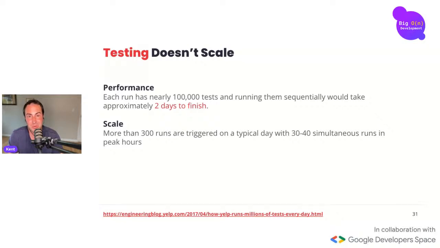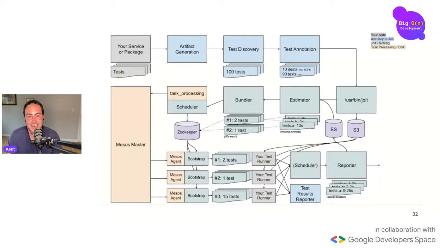So we came up with a distributed system for running those tests. That was the release engineering team that worked on that. And so that's what that looked like. I'm not going to go into detail for today's talk.